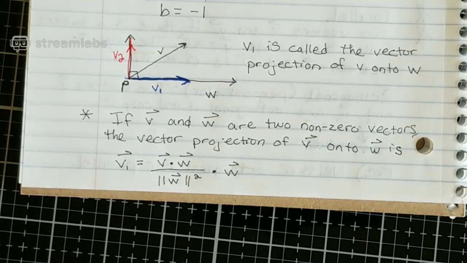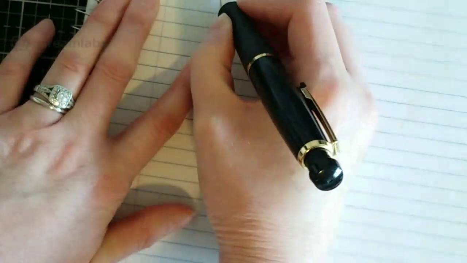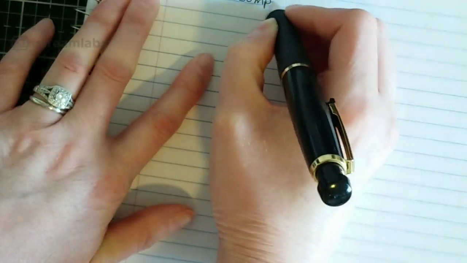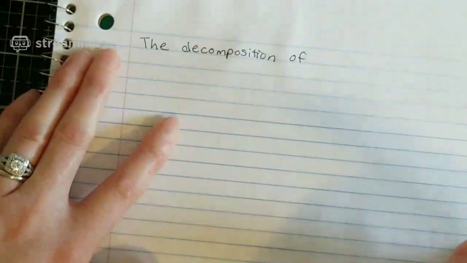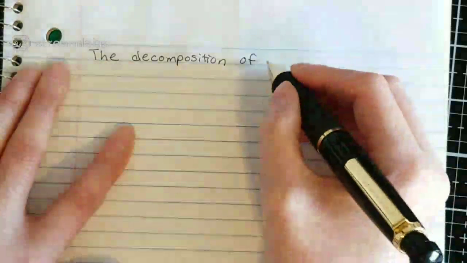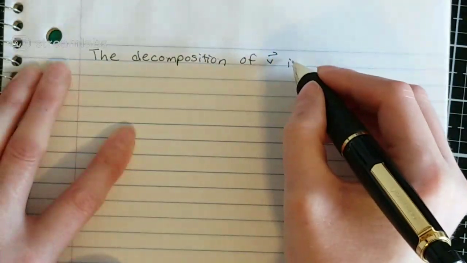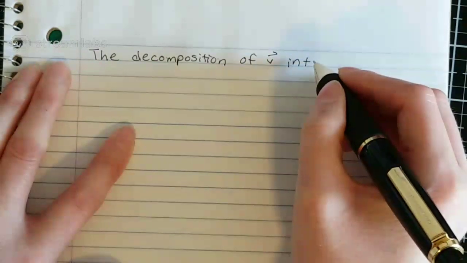Okay, and then of course we have to do the decomposition part. I'm just giving you a second to write. So the decomposition of V, of course, let me move it so we can see it, into V1 and V2.